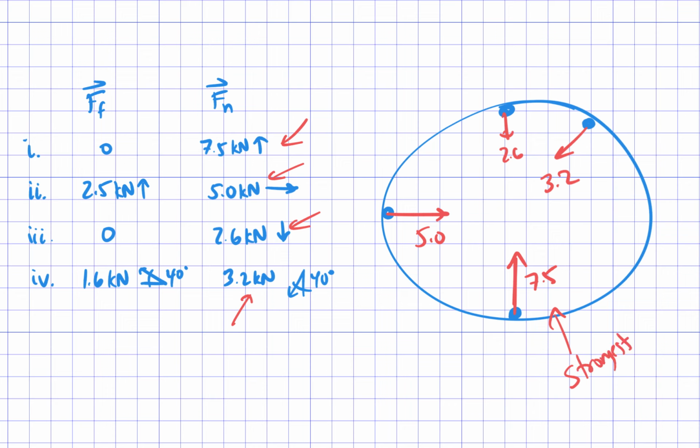The reason that it's strongest at the bottom and weakest at the top is just straight up about gravity. At all points in time, the acceleration is always towards the center, and it is always v squared on r. So the acceleration is always the same and always going inwards. At the bottom, in order to create that acceleration, we have to counter gravity, which is going this way.